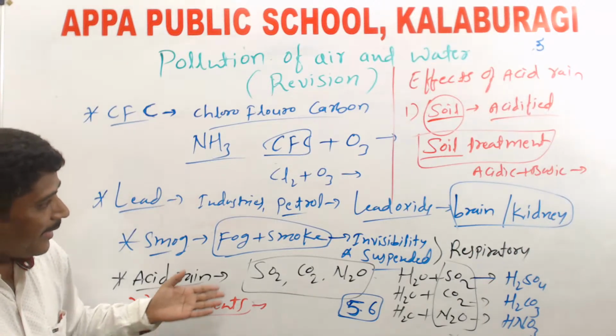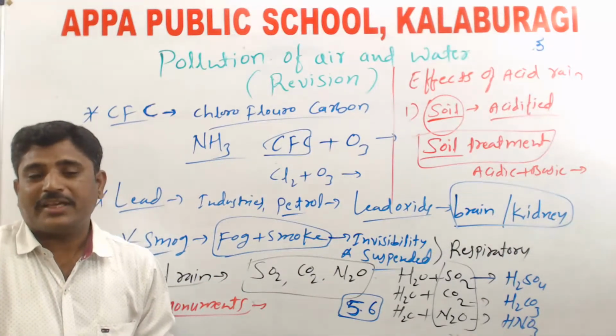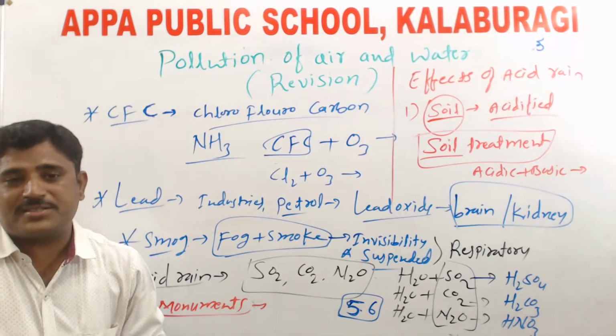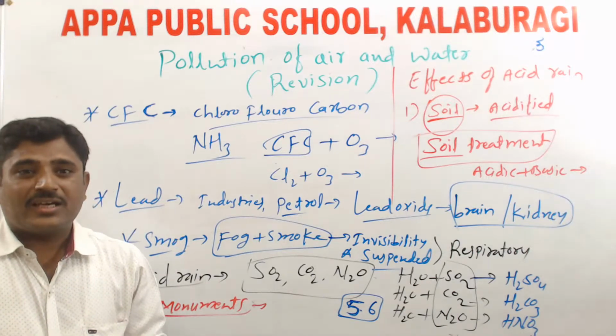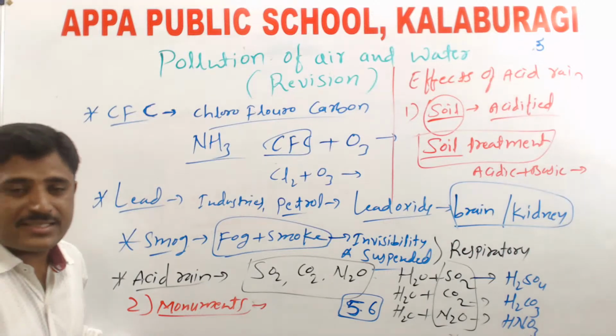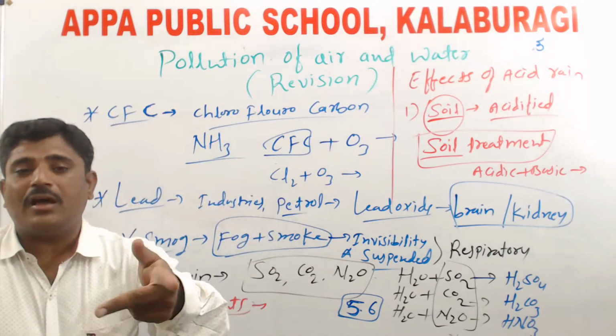They can be affected by acid rain. All the historical places are made of marbles and stones. Stones contain calcium, and calcium can react with the acid.